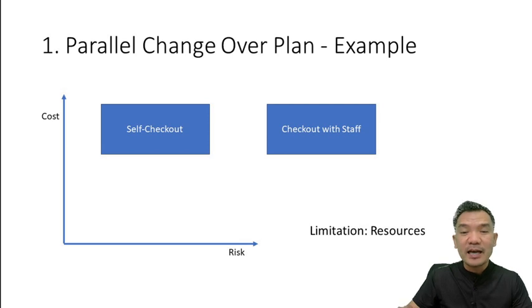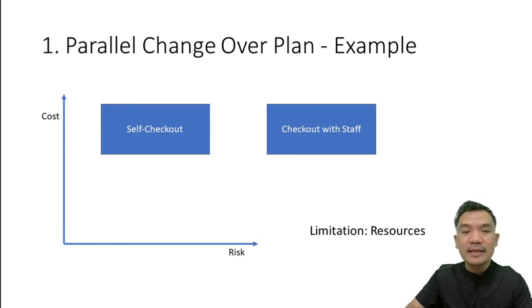So that means there is an existing cashier, and you put also a kiosk that will allow individuals to self-checkout. So that's an example of a parallel changeover. You introduce the new system, but the old system is still running, and you will only remove the old system once you see that the new system implementation is already running well.